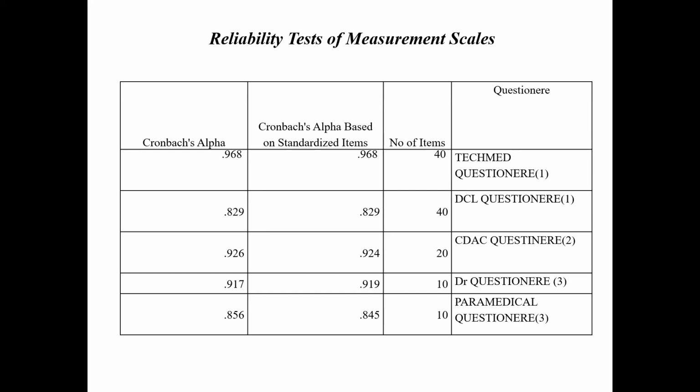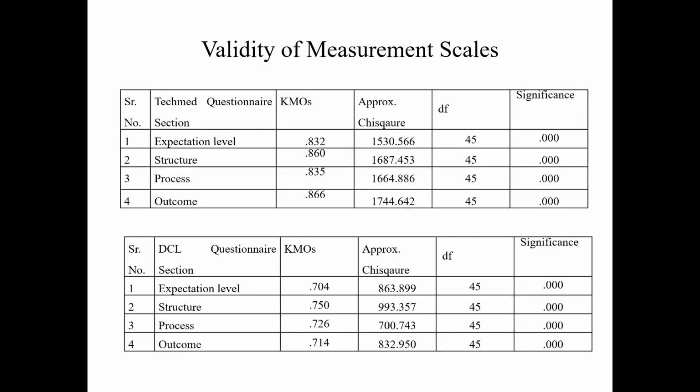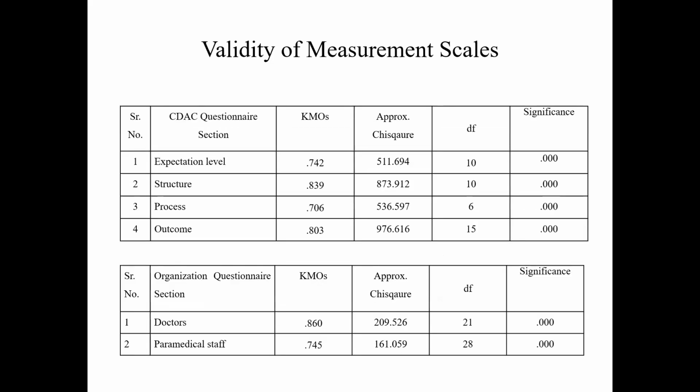Cronbach's alpha is 0.856. Now, validity of measurement scales: the KMO value for expectation level in the TechMed questionnaire is 0.832, for structure 0.860, for process 0.835, and for outcome 0.866. For DCL it is 0.704, 0.750, 0.726, 0.714.